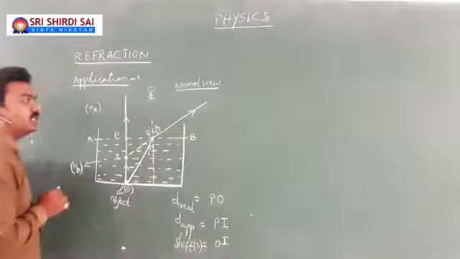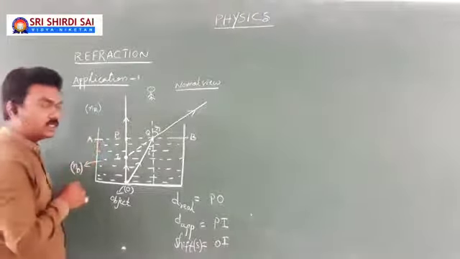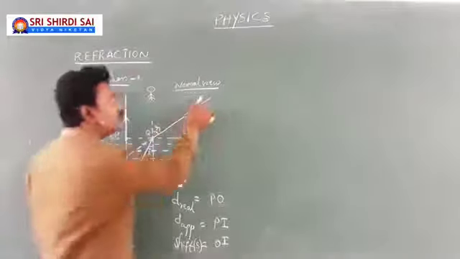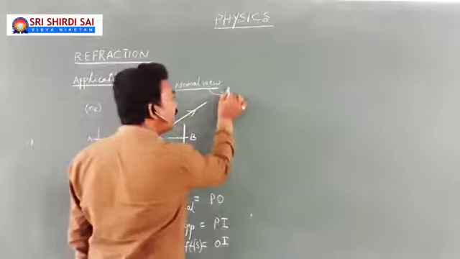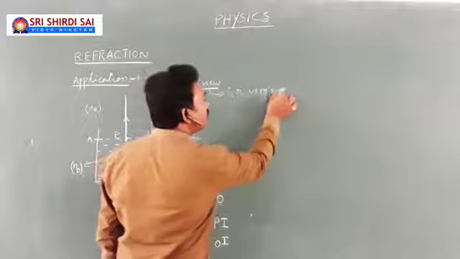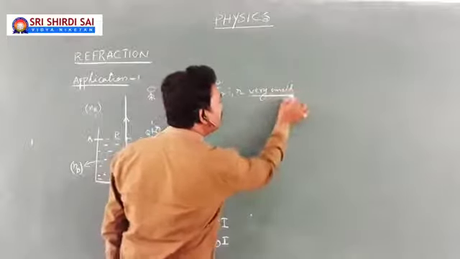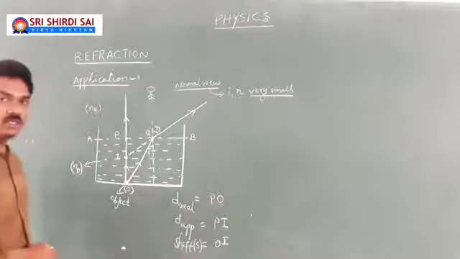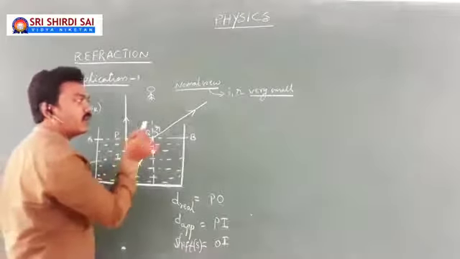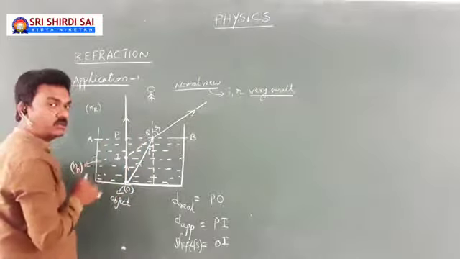Now the point is, in the case of normal incidence, our light rays will be very close to the normal, provided the values of i, r are very small. This is the mathematical approximation that we take in the case of normal vision, normal view, where the incident light ray will be very close to the normal, provided i, r are very small.